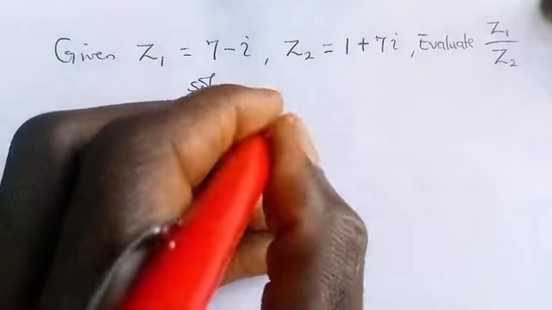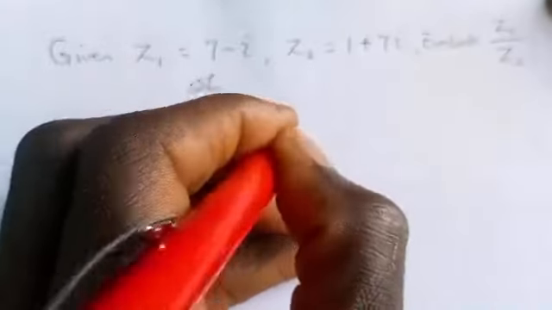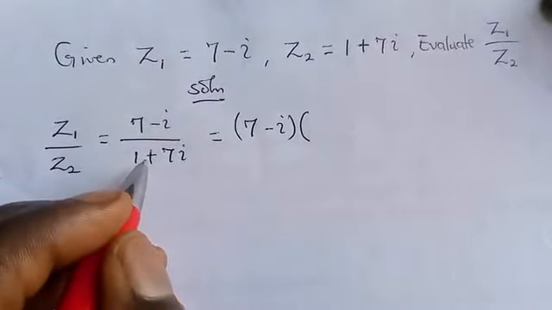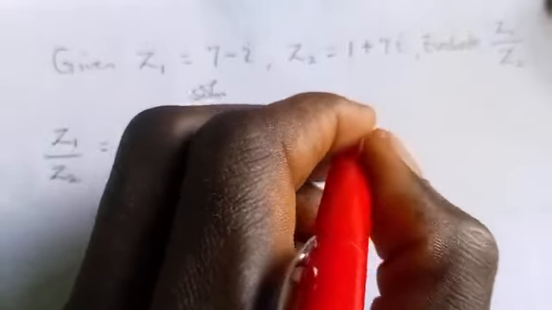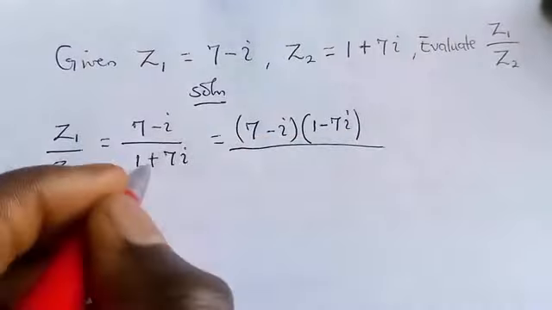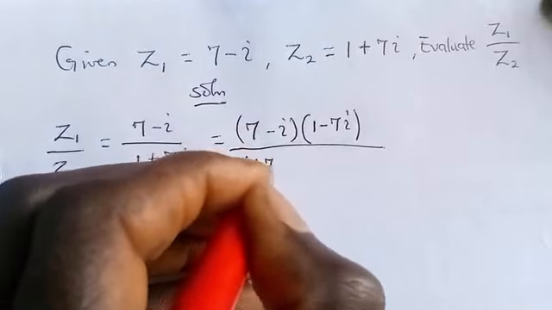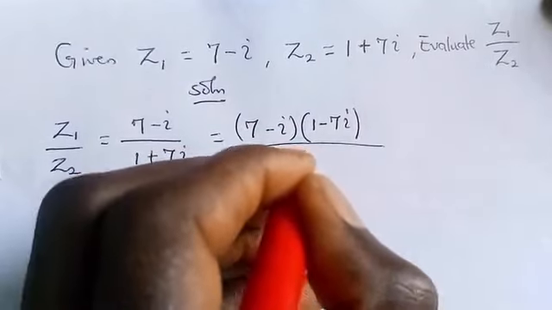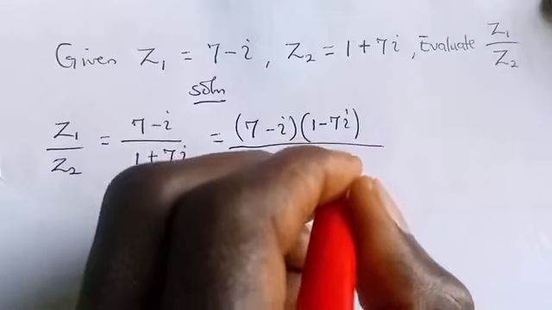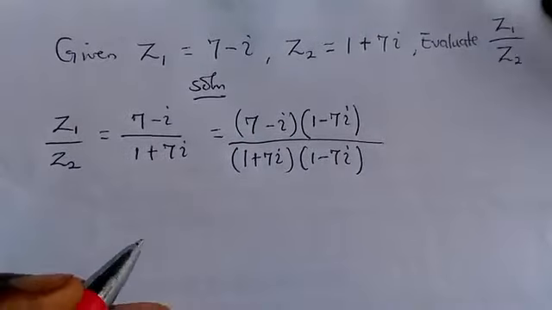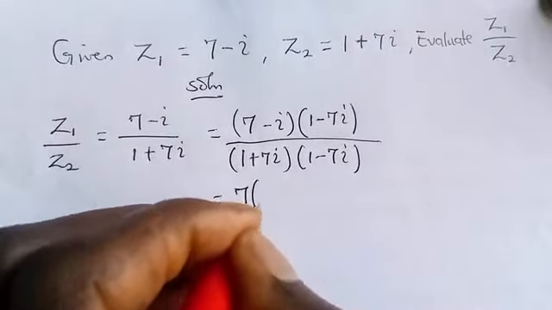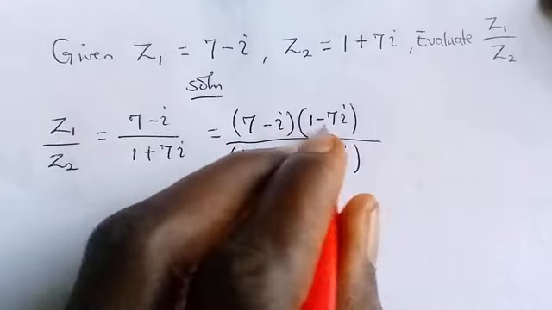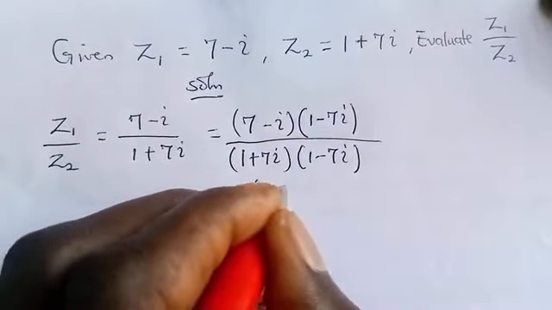And that will be 7 minus i. Rationalizing, we are using the conjugate of the denominator, which is 1 minus 7i, all divide by 1 plus 7i multiplying 1 minus 7i. And this is equal to 7, which is the first term in the first bracket, will multiply the content of the second bracket, 1 minus 7i.